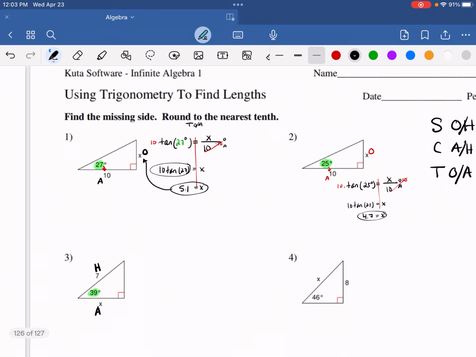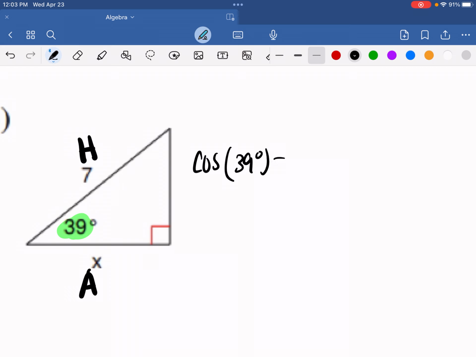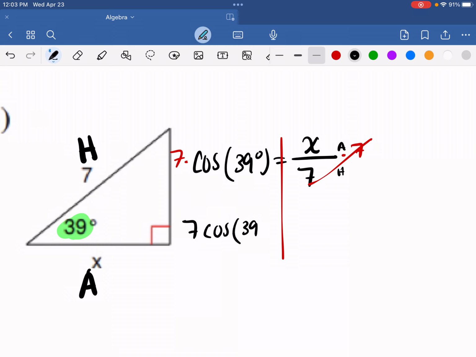So we're going to get cosine 39 degrees equals A, X at the top, and H on the bottom, that's 7. Solve for X. It says X divided by 7, so the opposite is to multiply by 7. And the answer would be 7 cosine 39. And we type it into the calculator, 7 cosine 39, and we get 5.44. So the answer is 5.4.